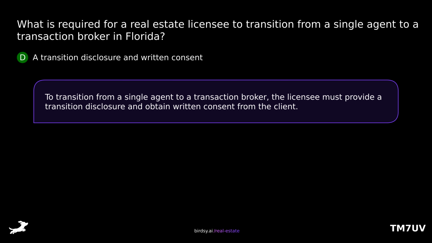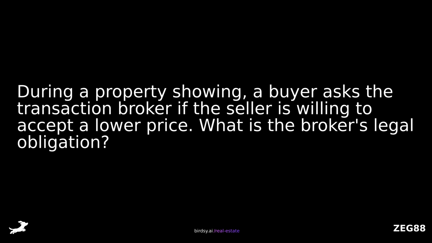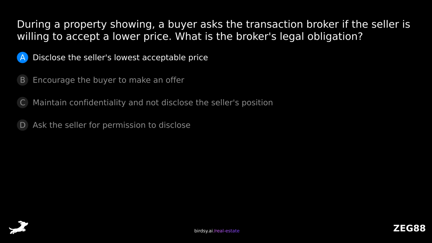During a property showing, a buyer asks the transaction broker if the seller is willing to accept a lower price. What is the broker's legal obligation? Is it A, disclose the seller's lowest acceptable price? B, encourage the buyer to make an offer? C, maintain confidentiality and not disclose the seller's position?